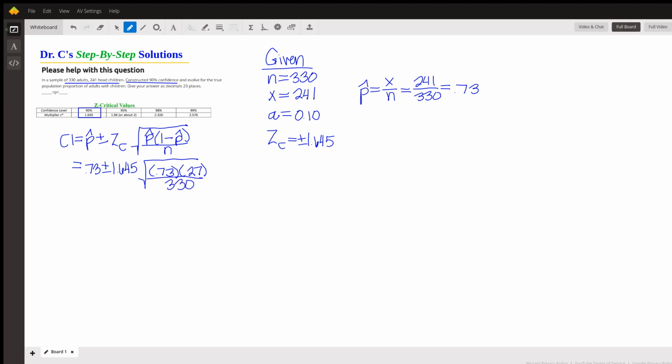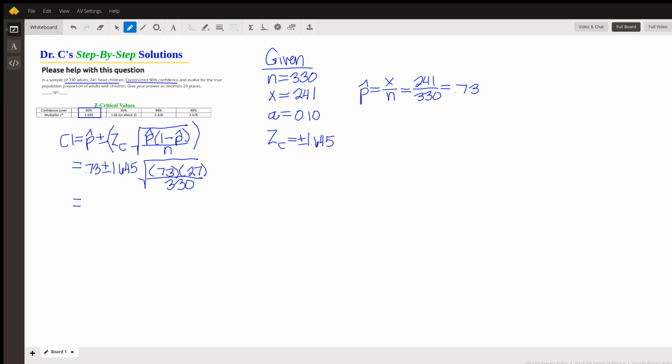My advice will be to solve margin of error. Margin of error is literally nothing more than the z critical times the square root of the p hat times q over n.